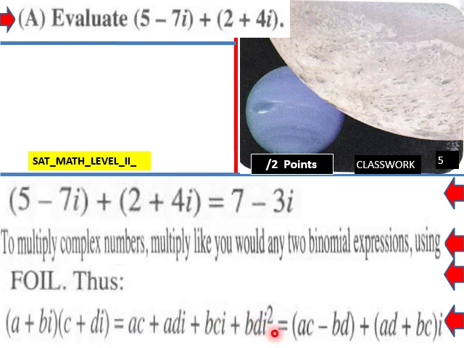Now i squared is -1, right? So this becomes negative bd. Then we have ac, and then we have ad plus bc multiplied by i. So here will be your imaginaries within these parentheses. That is how you would get this sum from that.